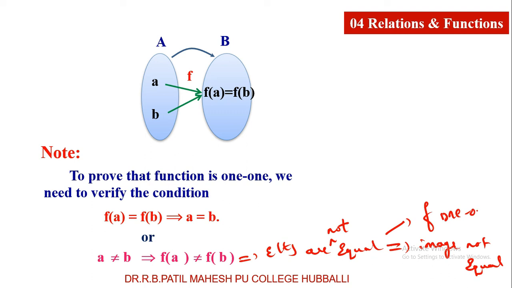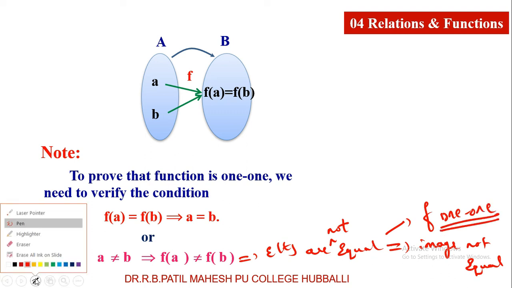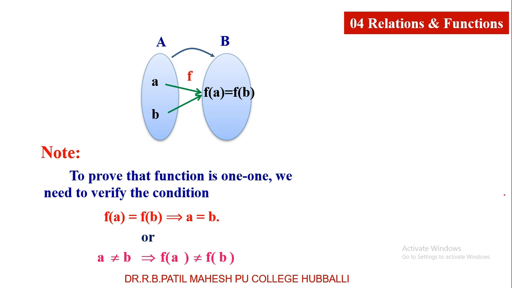These are the conditions to check whether the function is 1-1 or not. Please go through these two. Either images are equal implies elements are equal, one condition, or you can refer to elements are not equal implies images are also not equal. That also says the function is 1-1. This helps us to solve the problems.